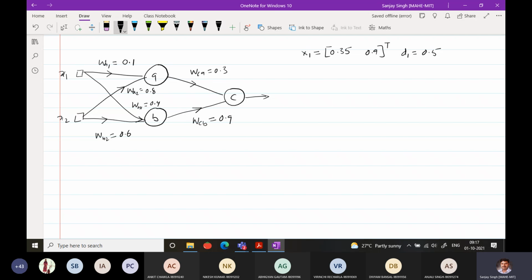So apply the forward pass and apply the backward pass and tell me the updated values of all these four synaptic weights, and tell also whether your system is learning or not. Do it. I'm giving you 10 minutes to do it. Please do that.